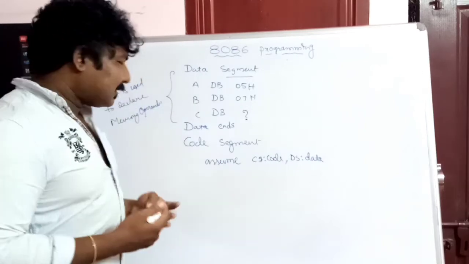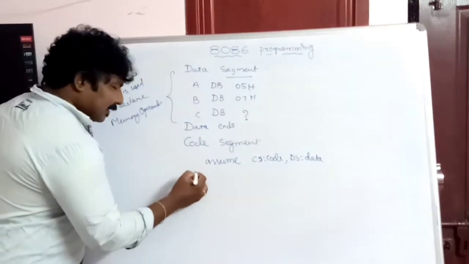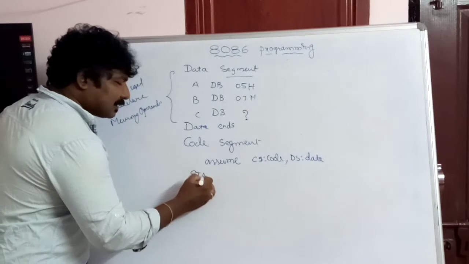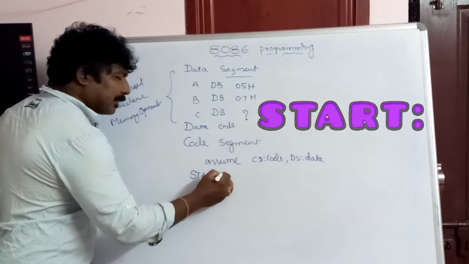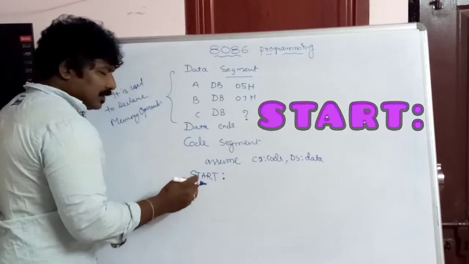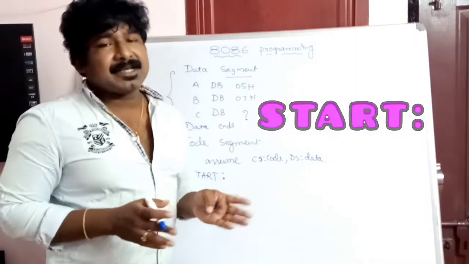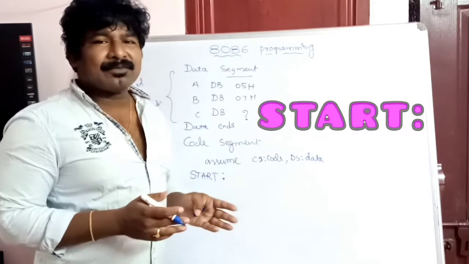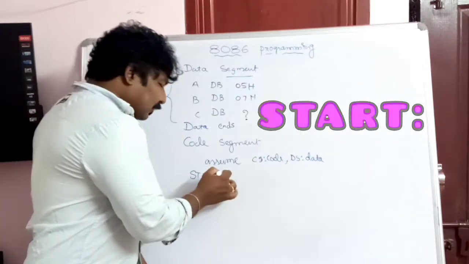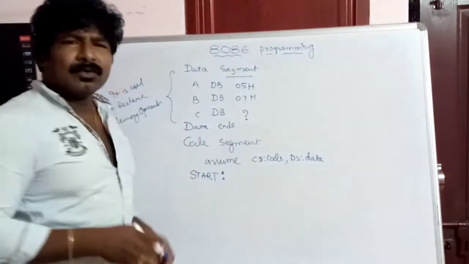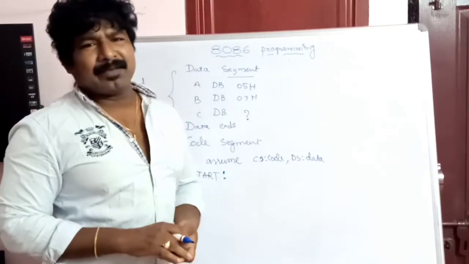Then the next part of the program is a label called start. Start is a label. Label means a name, and any label will be followed with a colon symbol. What is the significance of this start label?